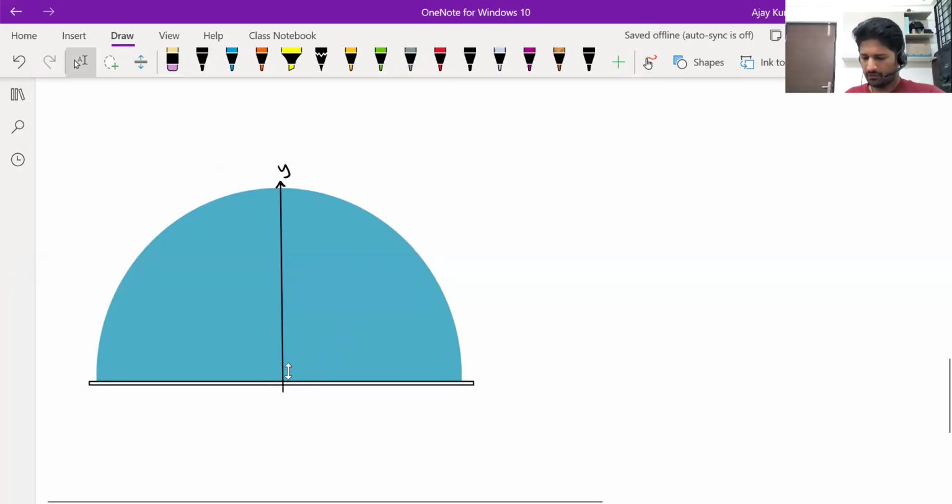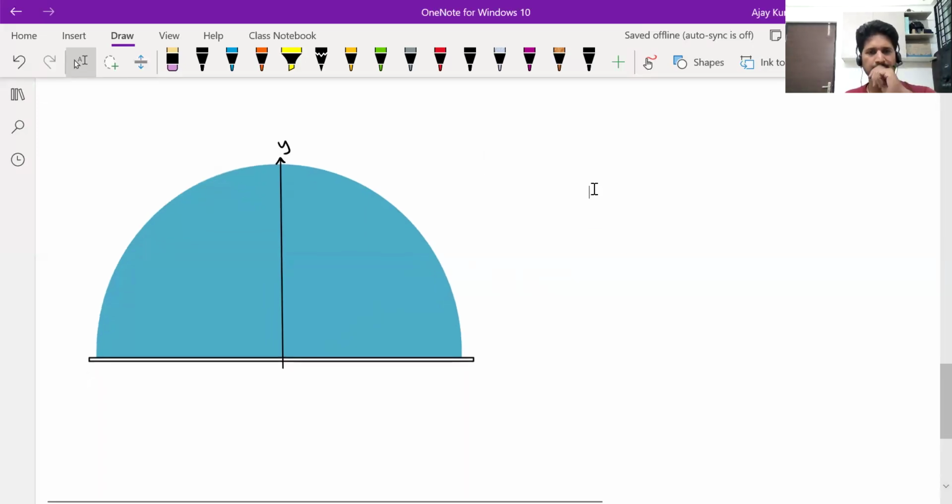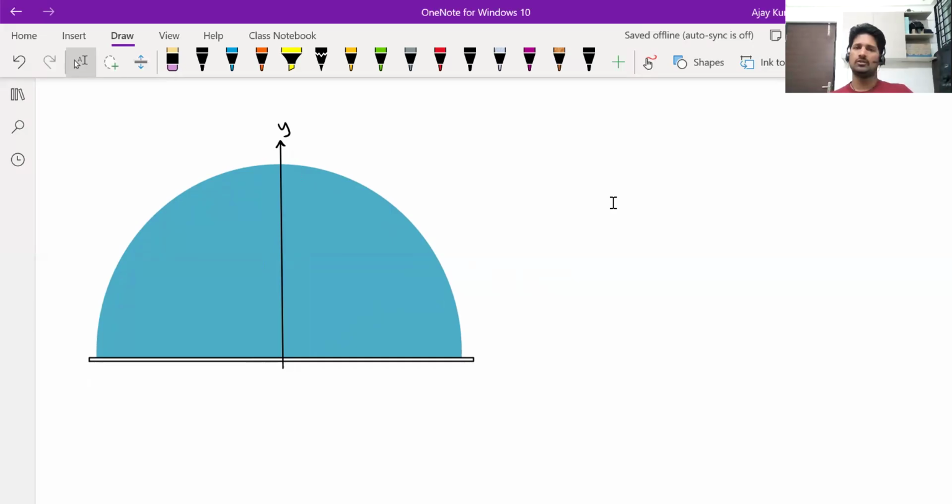Can one of you tell me what other ideas we learnt about center of mass? Like one idea we discussed was that the center of mass of a two particle system divides the line joining them in the ratio m2 is to m1.